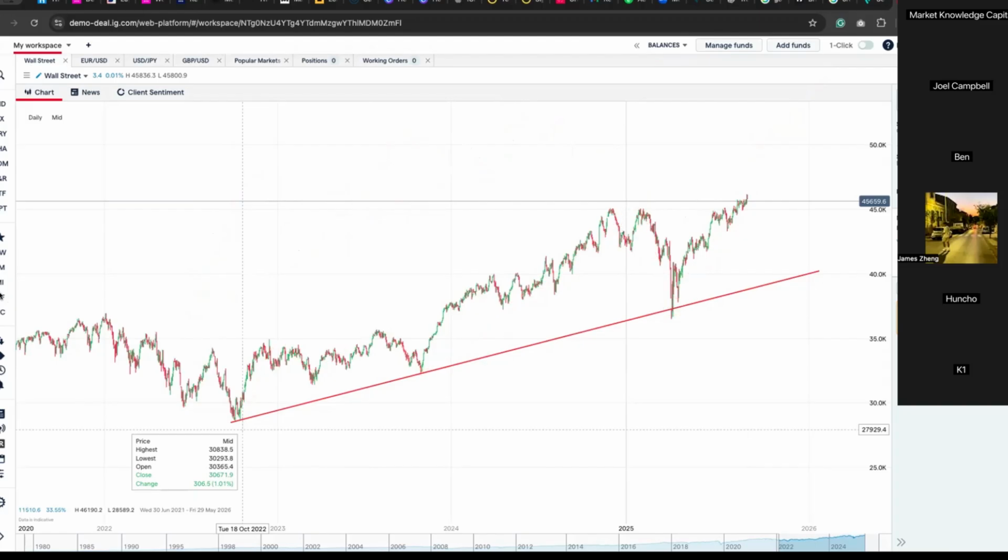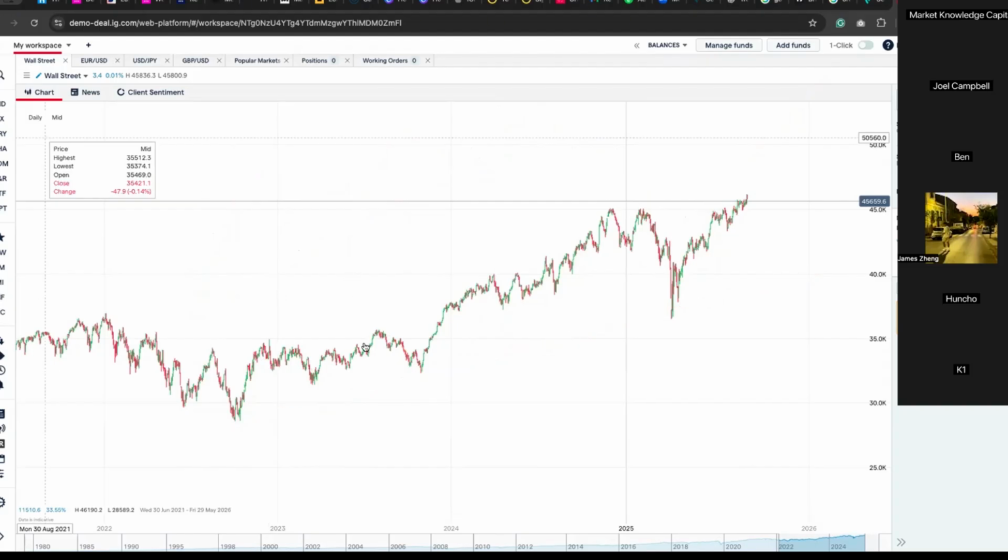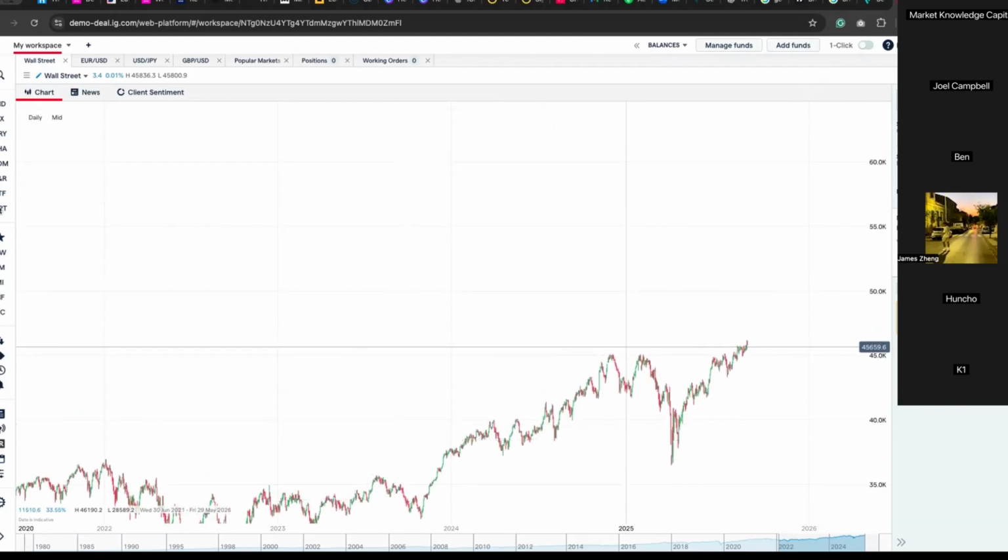The reason I say that is because some people, when they see trend lines, do this. They say we've got a wave up, down, up, down, and they say, oh, we've got 2 higher highs.